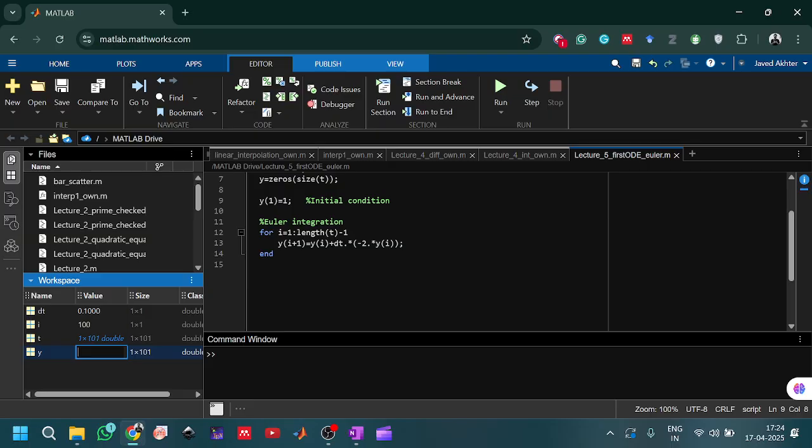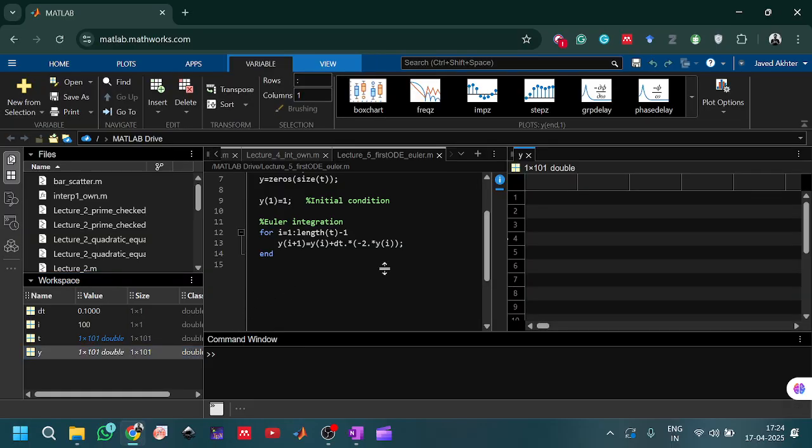Now let us look at our y array. Okay, so you can see that the y value has been updated. These are the y values. So you can plot it.